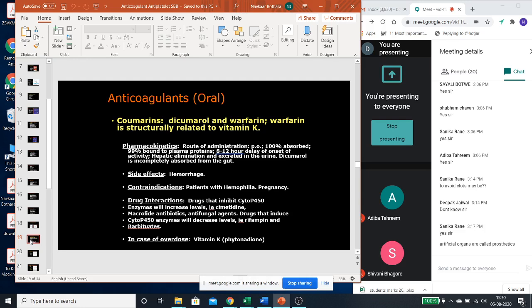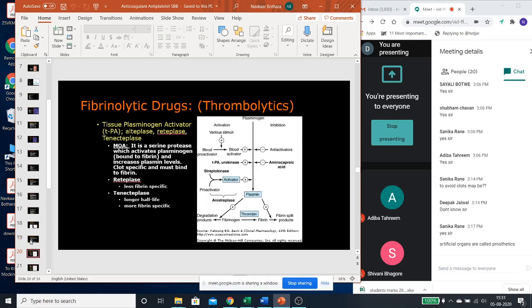So there is a dilemma among physicians. But those who say that if in the next 4 to 5 months the patient is nicely guided and adhering to the schedule, then it is one of the best drugs. And still in India, the most widely used agent is warfarin. So this is what is important from a therapeutic aspect.